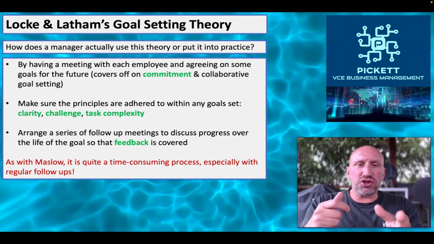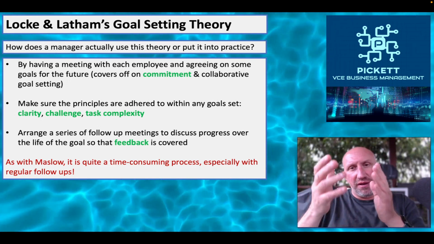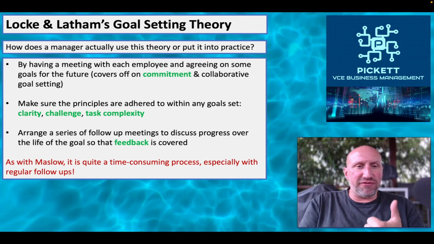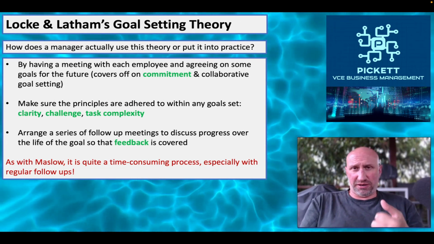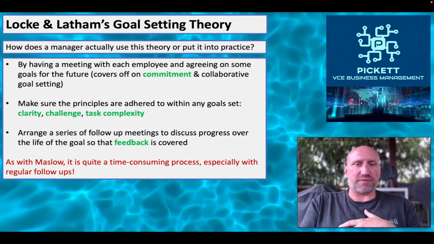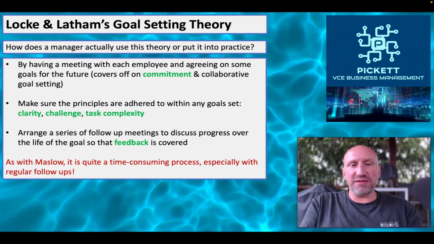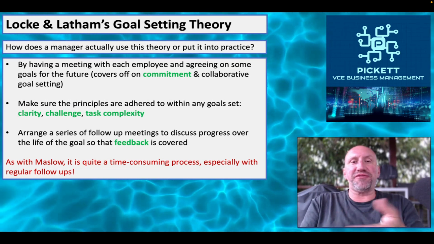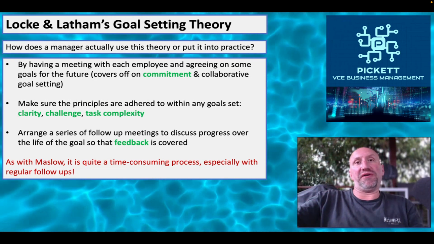Then you've got to make sure that any of the goals that you set then meet those other principles. So this idea of clarity, challenge, and task complexity. So it does involve sitting down with each employee and having this meeting. Then you need to arrange this series of follow-up meetings to provide the feedback. So you discuss progress over the whole life of the goal.